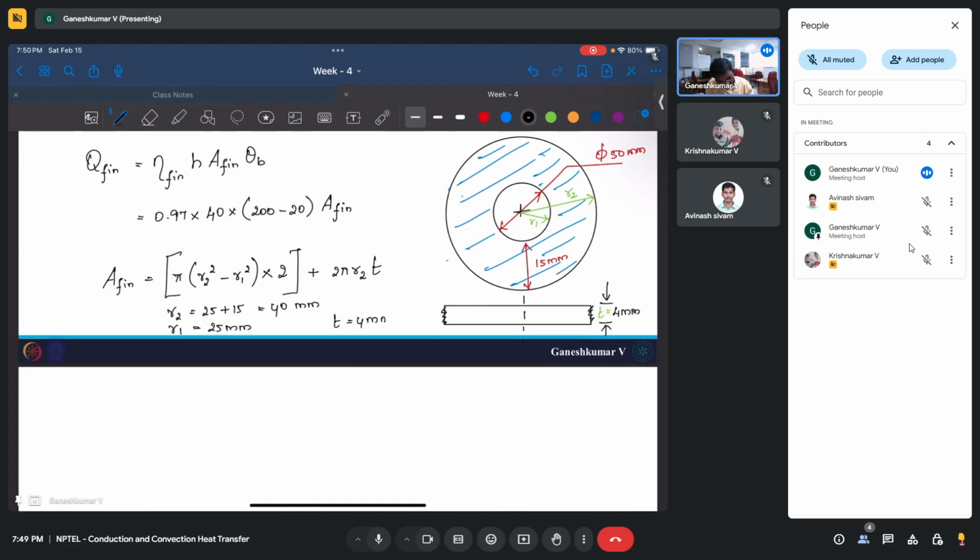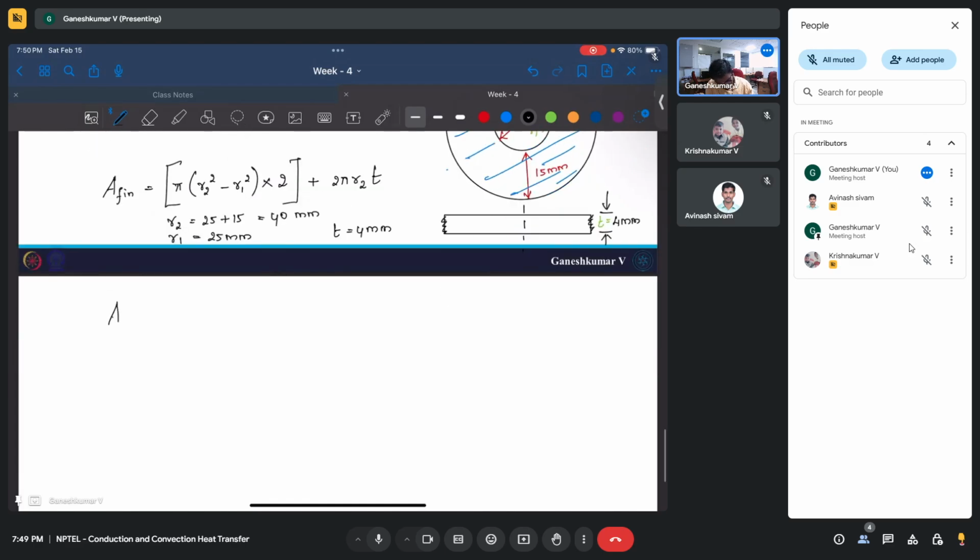So once you know this, you can easily find out A fin. So area of the fin is going to be pi into (0.04 square minus 0.025 square) times 2 plus 2 pi into 0.04 times 0.004.